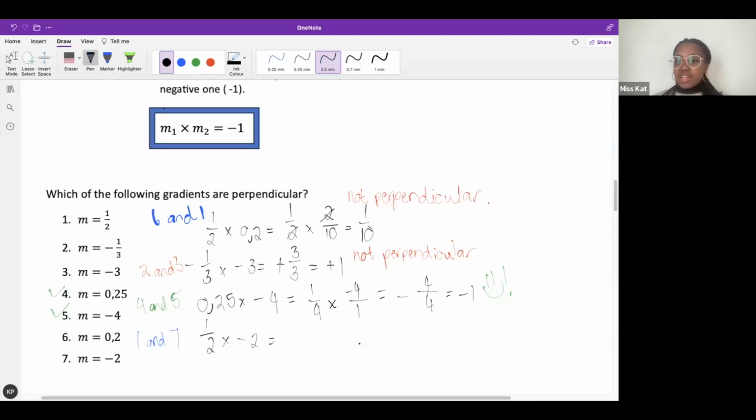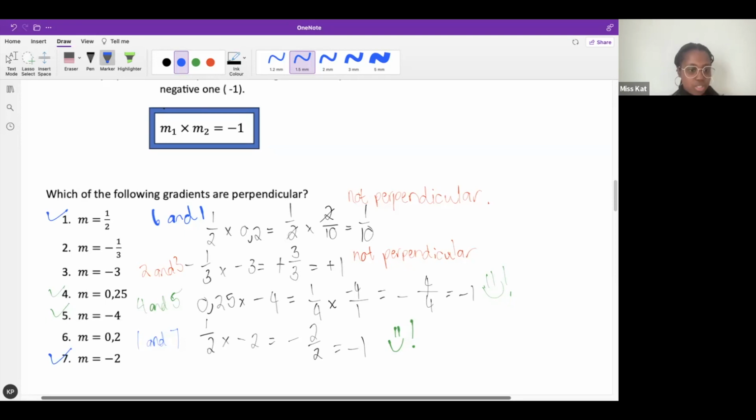What does a positive and a negative give you? Thank you. A negative, and we're going to have -2 over 2, which is -1. Nice, Ufenza. You have found our second pair of perpendicular lines, which is number 1 and 7. So, guys, I'm going to ask you something very interesting.